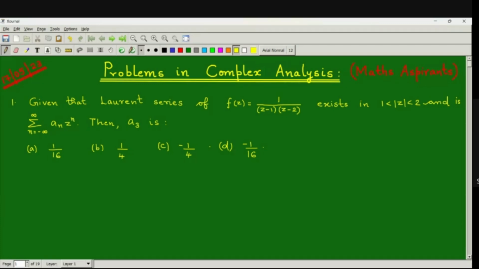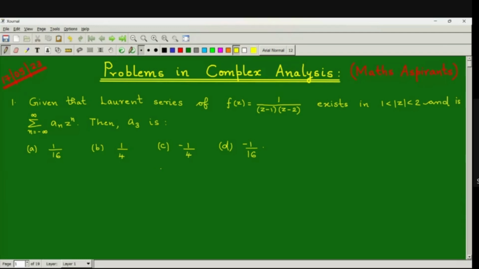The main issue is that we might know the answer through a direct calculation, but direct calculation will take a lot of time from us. And being a competitive exam, that is not a good idea. So we have to find some theorems, some tricks, and then apply them to get an answer. So we'll see how to do that.